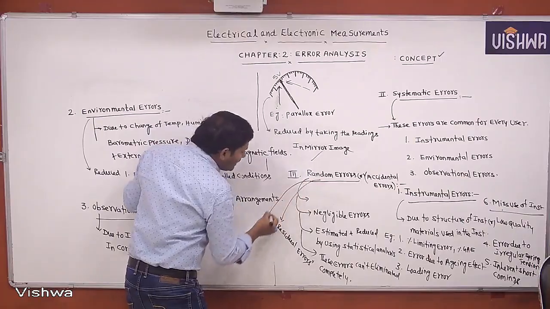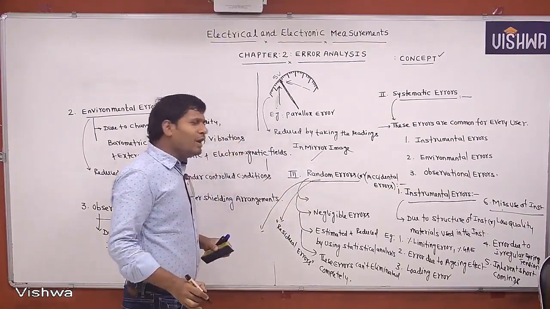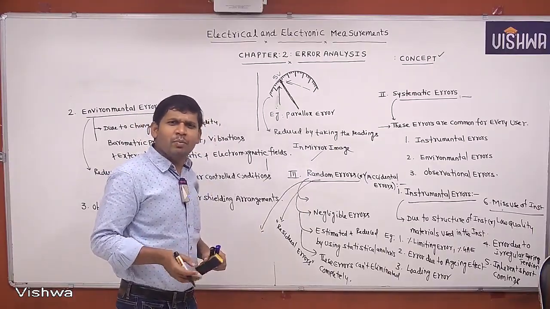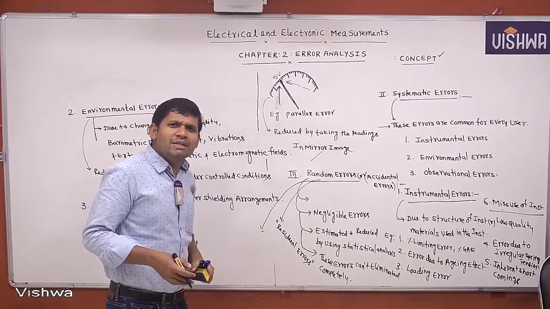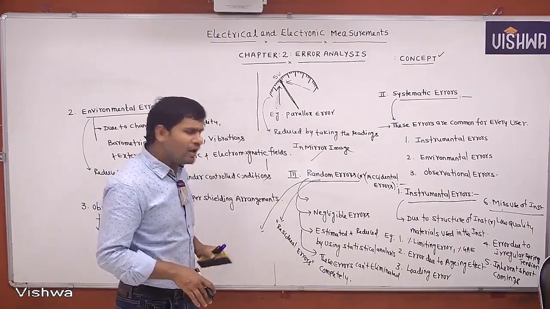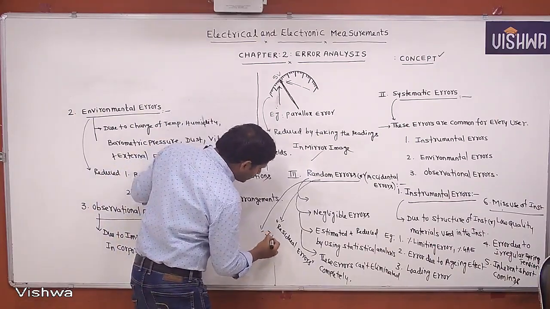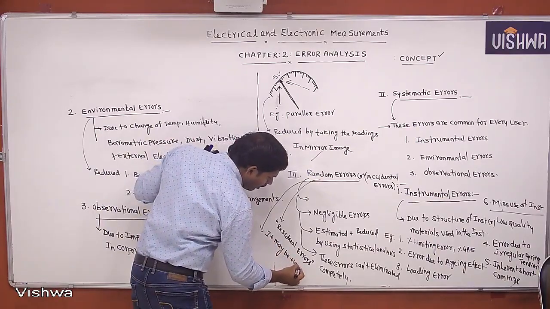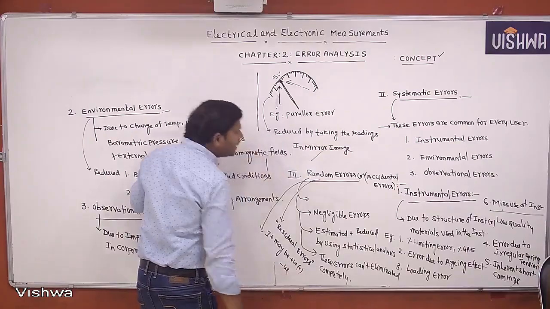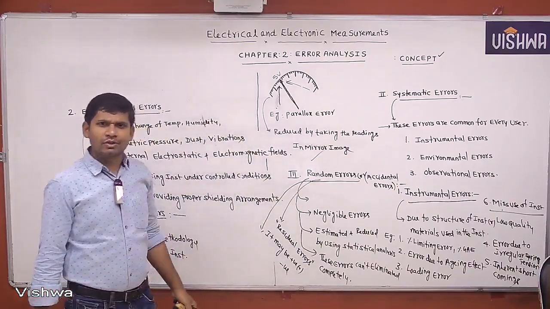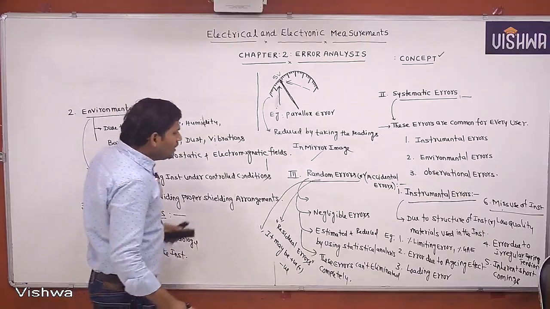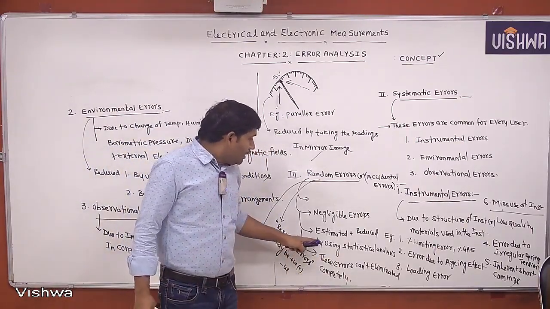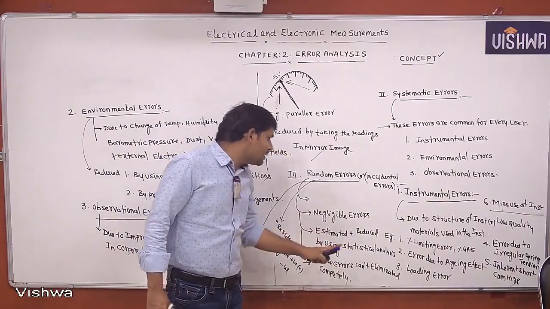These residual errors, these random errors, may be either positive or negative, and are represented with both magnitude and direction. One more point to remember: these errors cannot be eliminated completely, and are estimated and reduced by using statistical analysis.